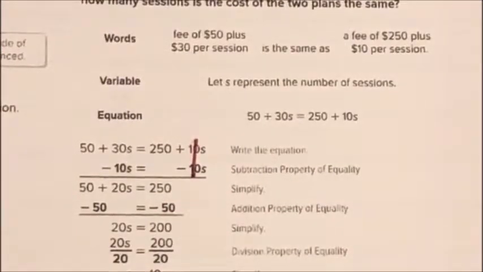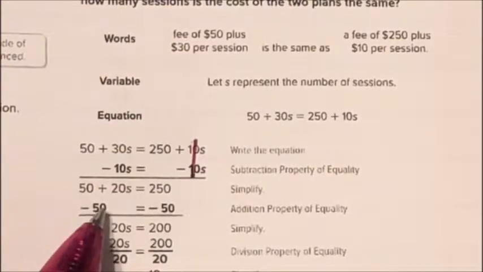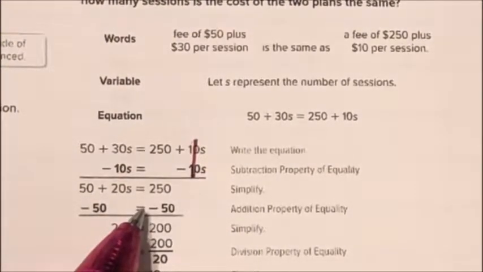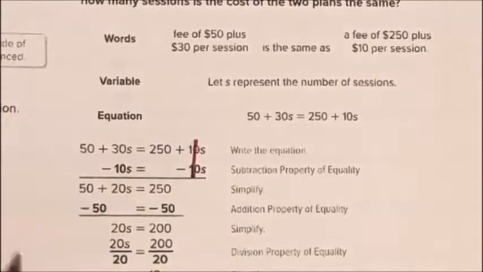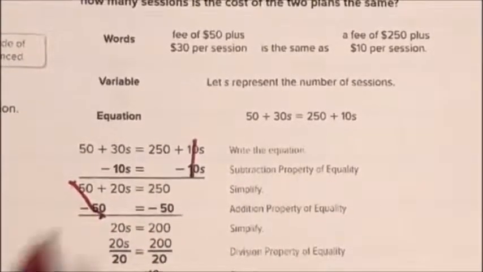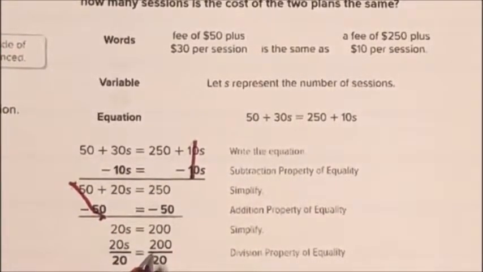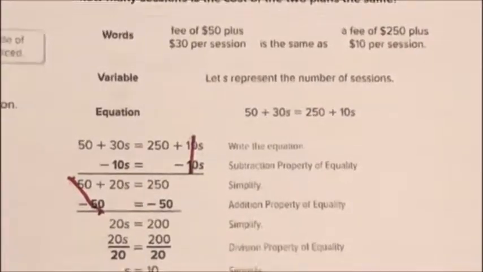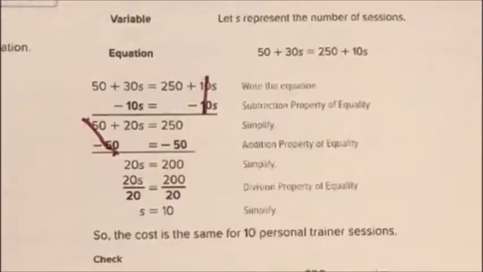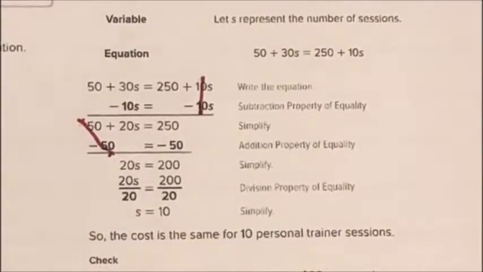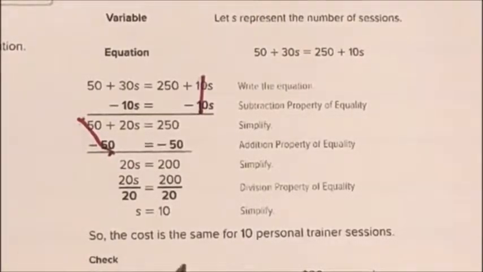This cancels. I'm left with 50 plus 20S equals 250. Then I can subtract 50 from both sides. 20S equals 200. Then I can divide by 20. 200 divided by 20 gives me 10. So the cost is the same for 10 personal trainer sessions.